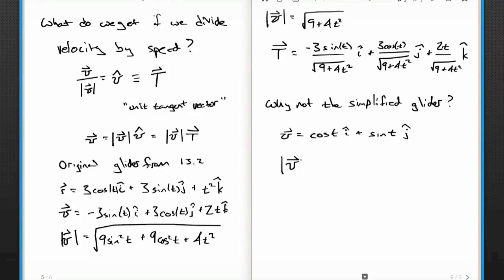The magnitude of this particular one equals the square root of cosine squared t plus sine squared t. Well, that just equals 1, right? So for the simple circle of radius 1, if I'm tracking my velocity around the unit circle, which is what this describes, the velocity vector is the unit tangent vector. They're the same thing. So that is just why I had to revert back to the previous glider example. Okay, that is it for this section.